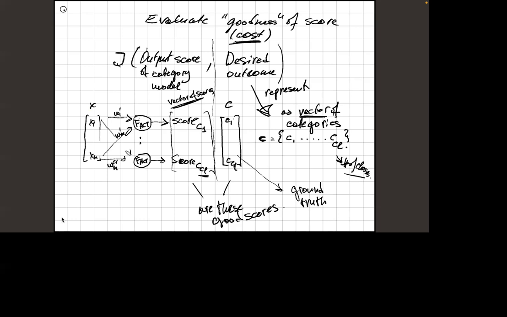And that's why you need an extra function J. So J takes the scores on the one hand, and takes the desired outcome as the one-hot encoded vectors on the other.